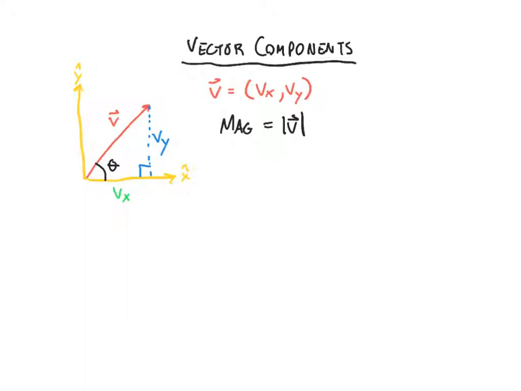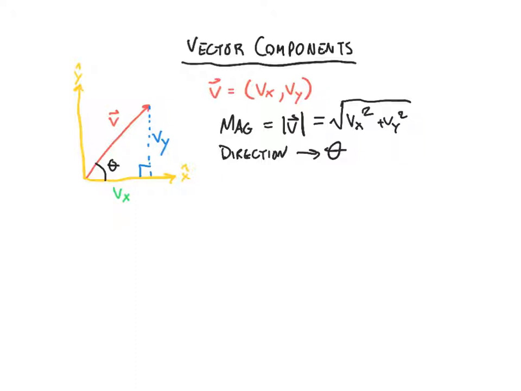And of course, you probably remember from trigonometry that that's just the square root of vx squared plus vy squared. Right, so that's the magnitude of this vector. And then the direction is just going to be the angle theta.